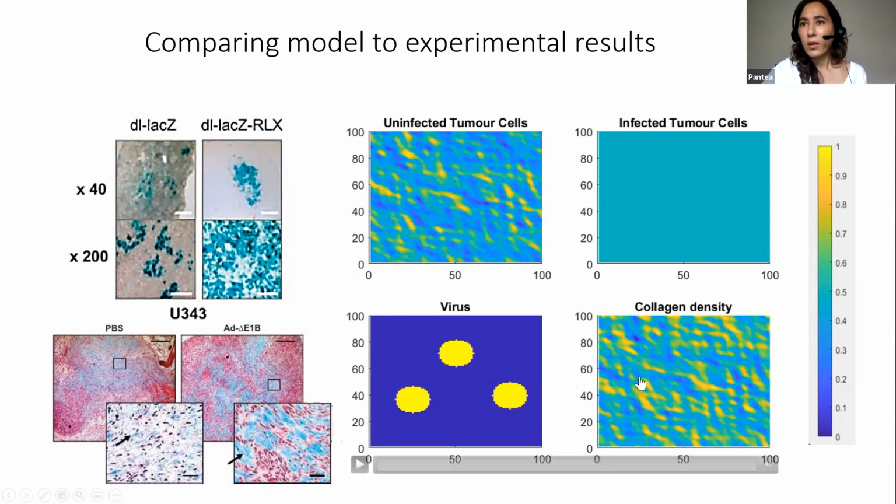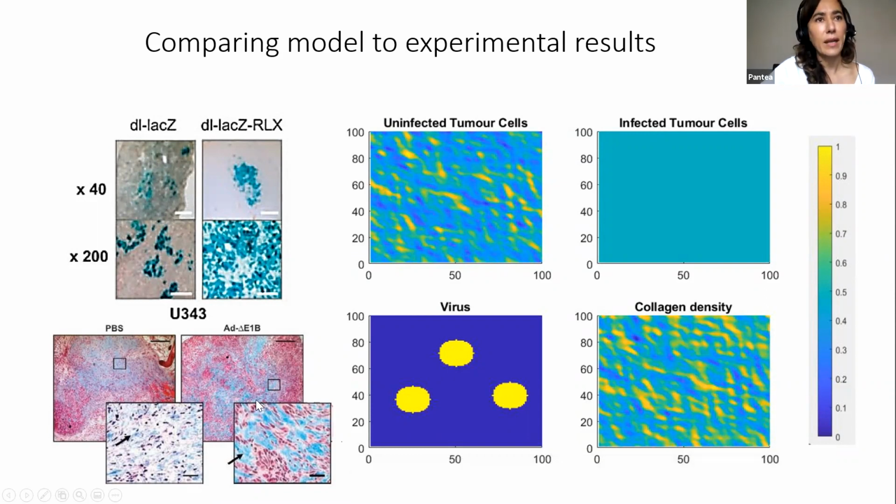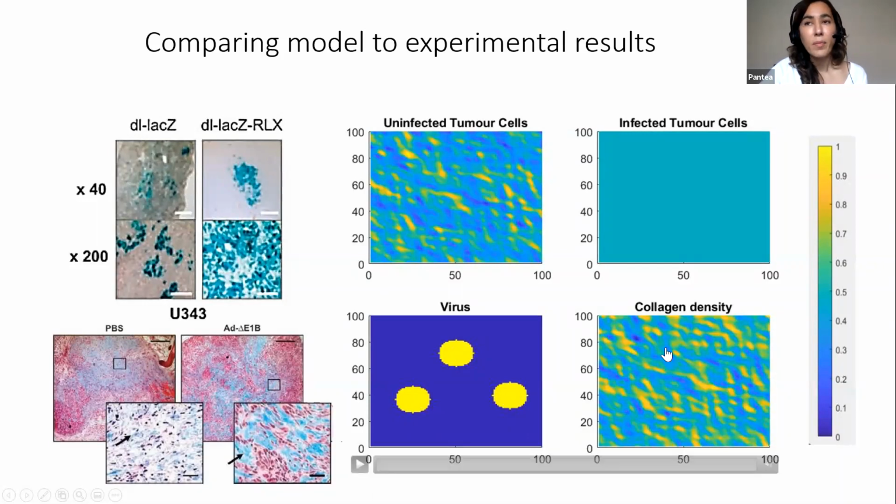If we look at the collagen formation, I've taken this from something like this. If you look at this image on the bottom of the page, the blue represents the ECM or the collagen in the surface of this tumor. So here I've tried to mimic that kind of environment for our collagen. This is our uninfected tumor population at the top.